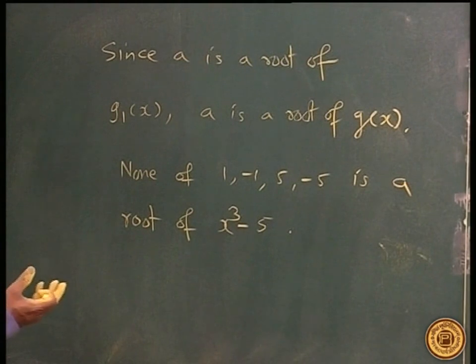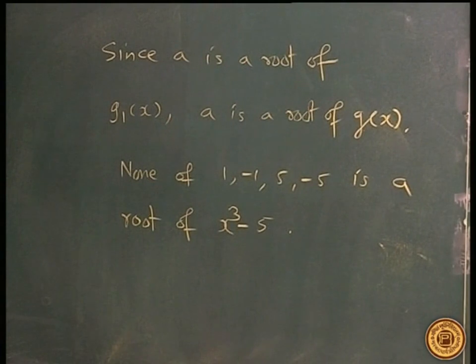So you can have G1(x) as x minus a, and that a must be a divisor of 5. a is an integer, so it must be plus minus 1, plus minus 5, and a does not satisfy the original polynomial G(x). That shows that you cannot have a factorization like this.